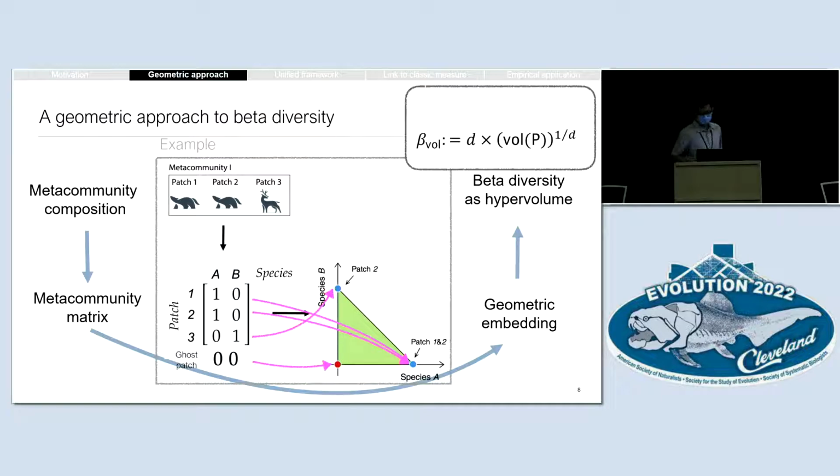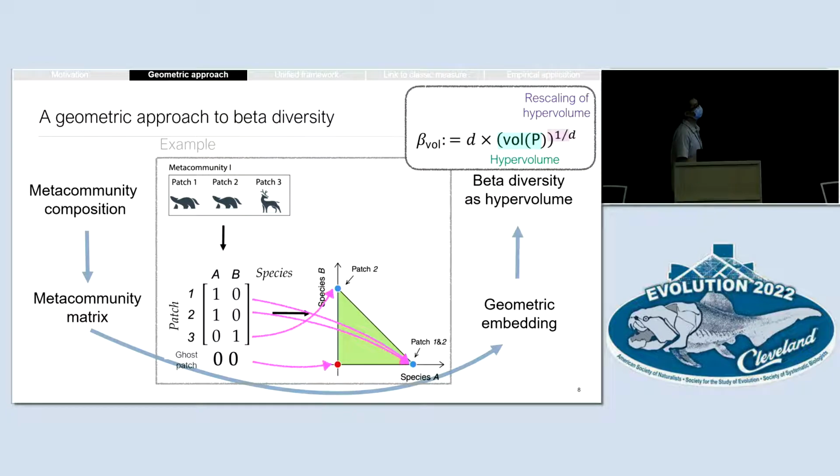space. And then we can simply measure biodiversity from this formula, where volume P represents the hypervolume of this geometric object. For this triangle, it's going to be 1/2 the hypervolume. And we want to normalize it by the number of species.